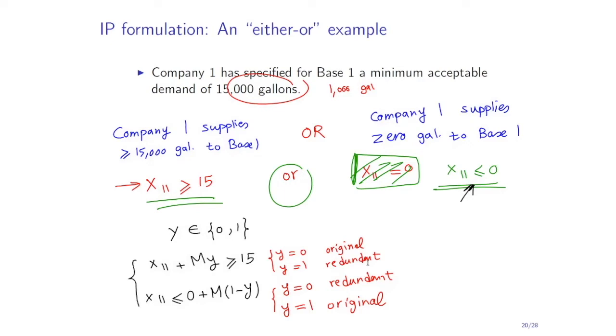So I can use these two constraints with an additional variable y, and add those to my formulation to model this extra condition that company 1 requested.